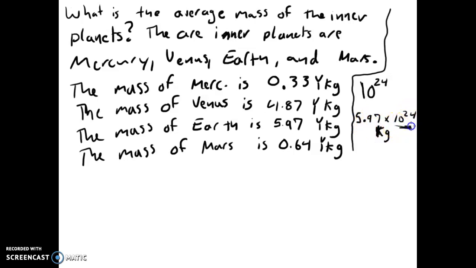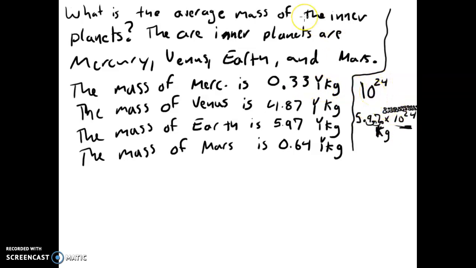What does this mean? This means I move the decimal place over 24 times, so I would add 22 zeros. I'd have to write that many zeros every time for each of these numbers, which is why I'm using the abbreviation yotta instead of writing that out.